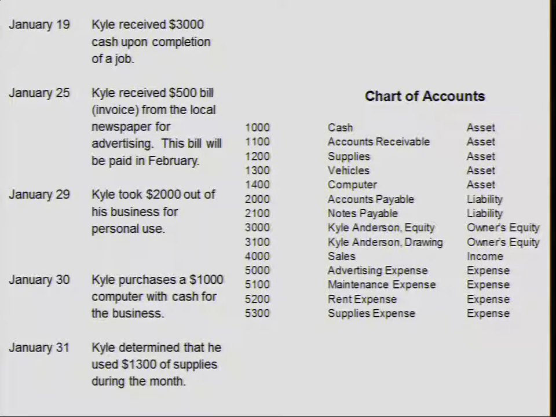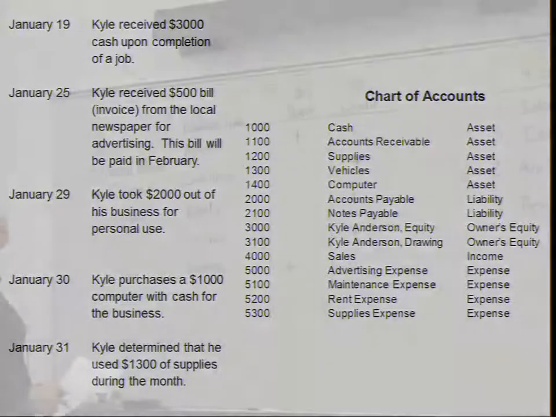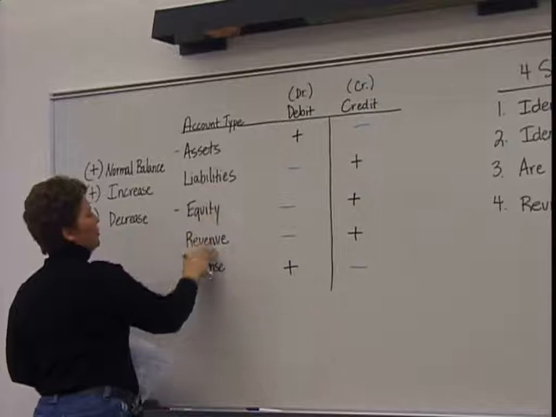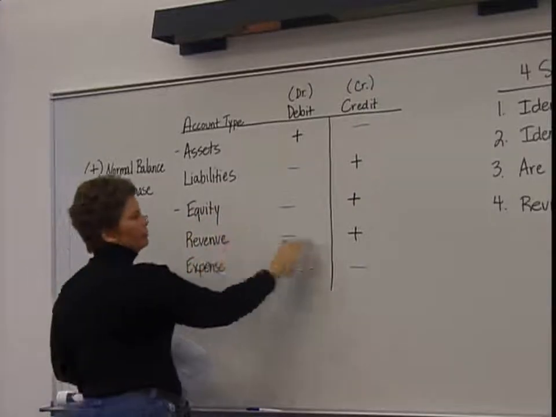Moving right along to January 19th, Kyle received $3,000 of cash upon completing a job. Again, we have to ask ourselves, which accounts are we going to use, and what account types are they? So if we receive $3,000 upon completion of a job, we're going to increase our cash, and we're also going to increase our sales or our revenue.